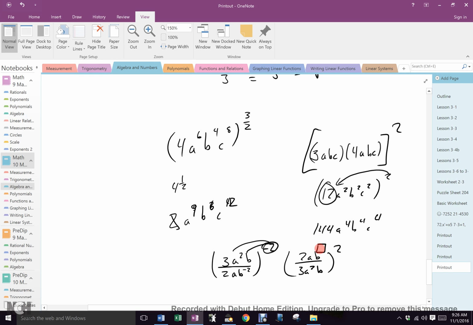Still -2. Because the only thing that changes is the one I was actually changing. Understand? Then I would do -2 minus 1 to get me b to the -3. And then -3 squared would be -6. And then it would have to move to the denominator or the numerator, whatever is needed. Cool?